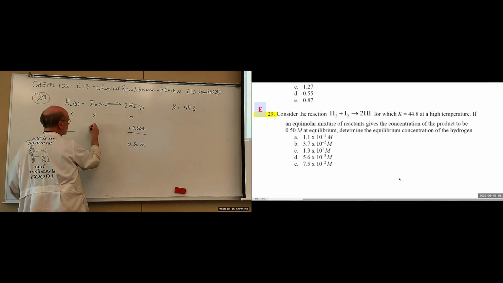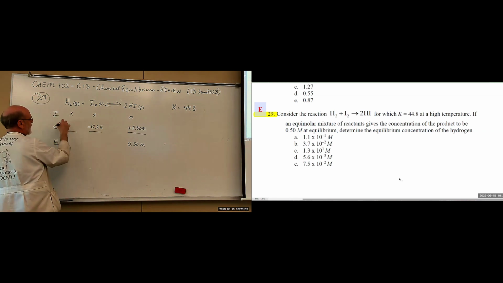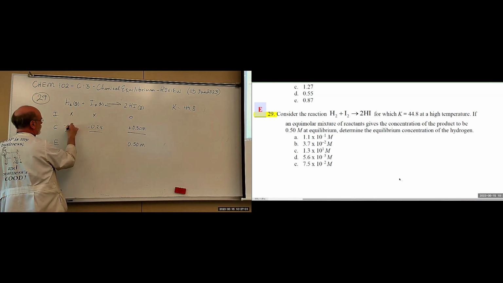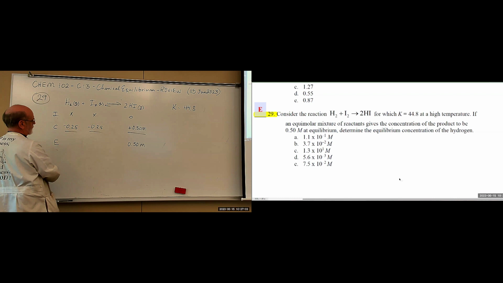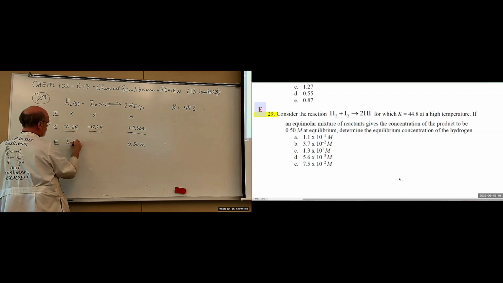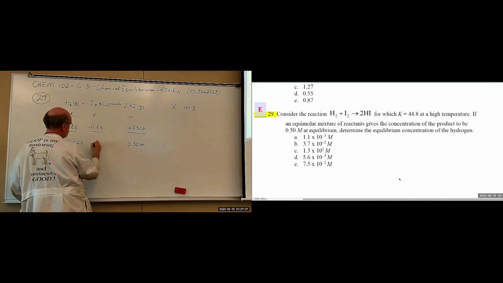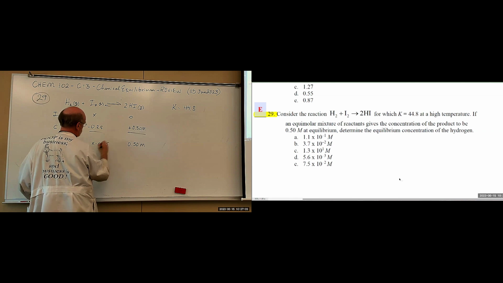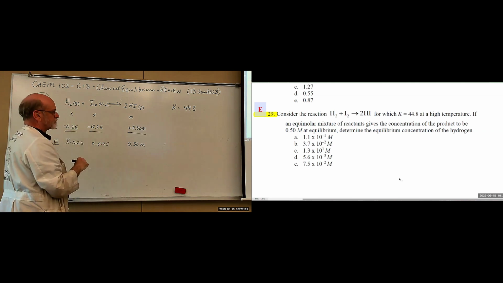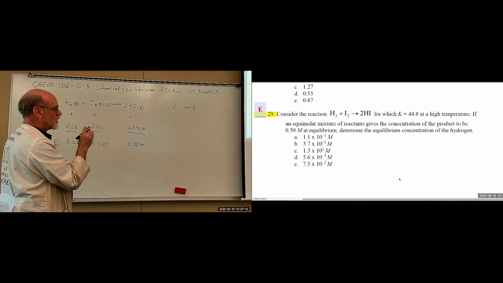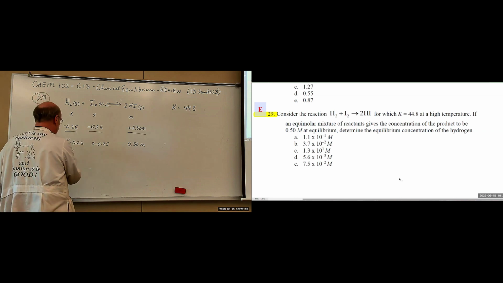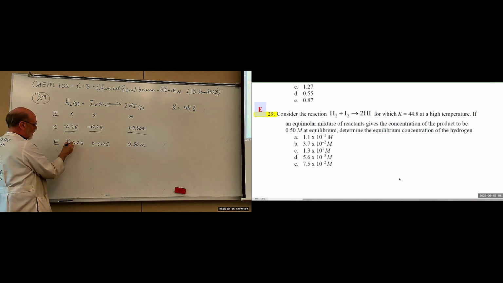So if this is 0.5, this is 0.25 minus, and this is also minus 0.25. So x minus 0.25 is the equilibrium concentration of hydrogen. So what we want is this whole value right here, isn't it?